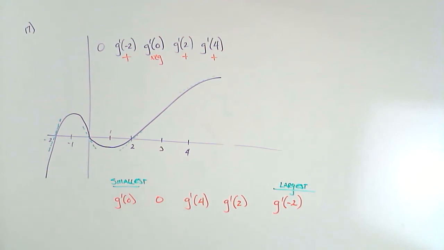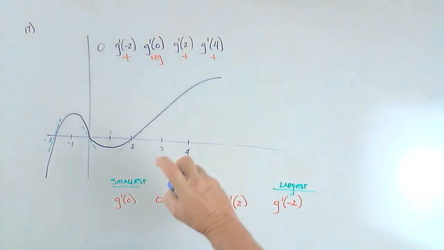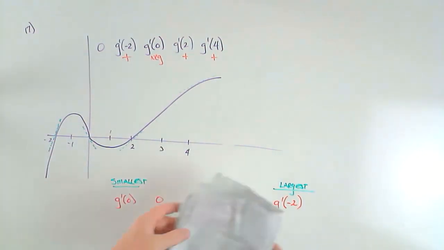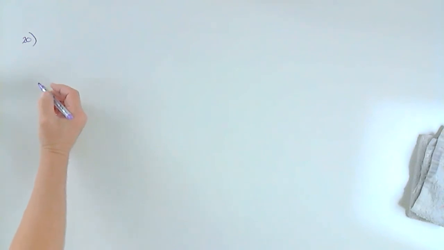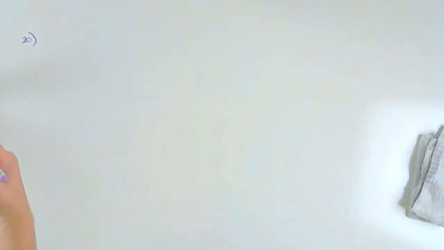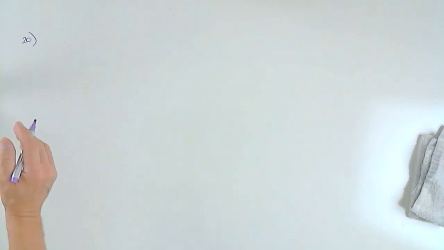What about question, I'll do question 20. Well, question 20 says, and it's kind of a word problem where they're going to ask us a question, but they're going to give us enough information to find it.